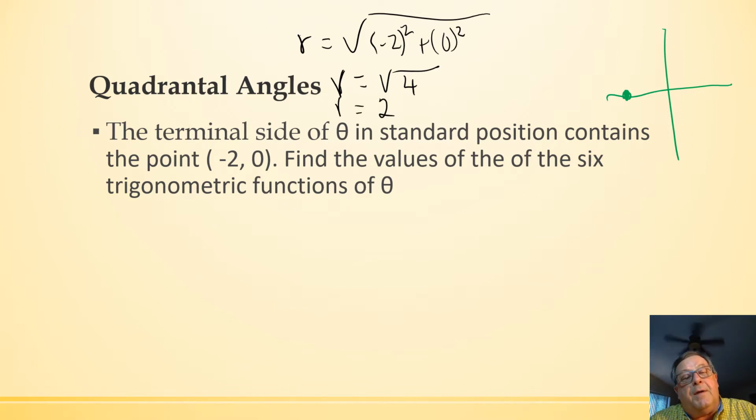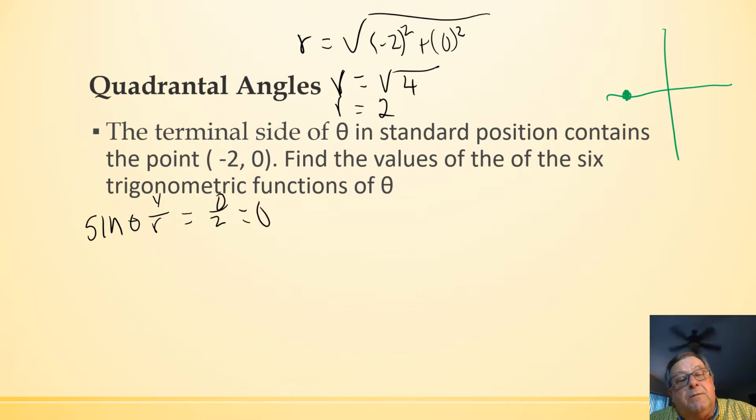Now, that being the case, let's go through our trig functions. The sine of theta is y over r. Well, that's going to be 0 over 2, so that is 0.